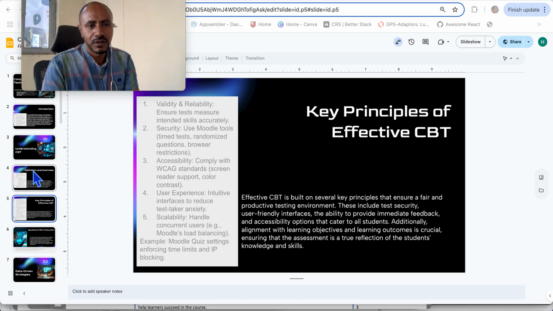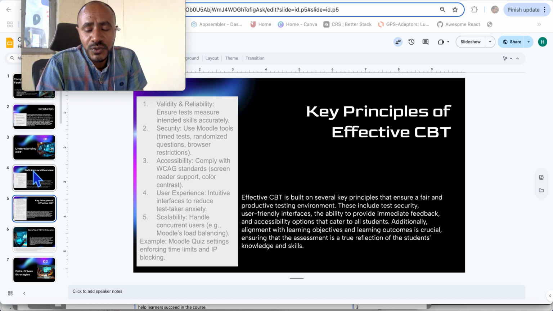Of course, in the way we develop CBT items, the question items in our assessment, we could follow, based on our earlier discussion, Bloom's taxonomy principles. We don't have limitations in CBT.